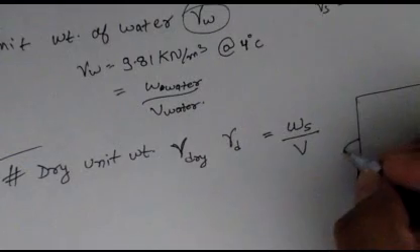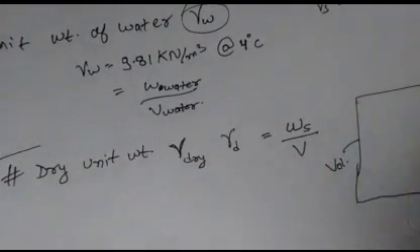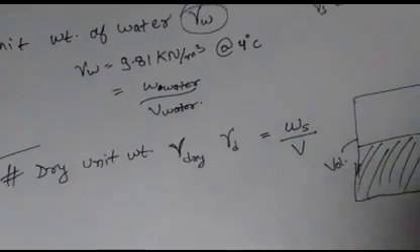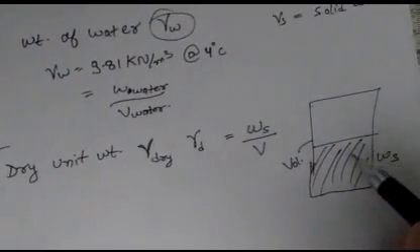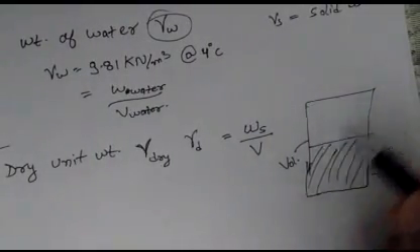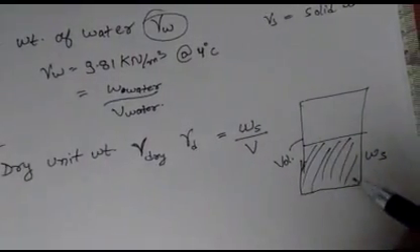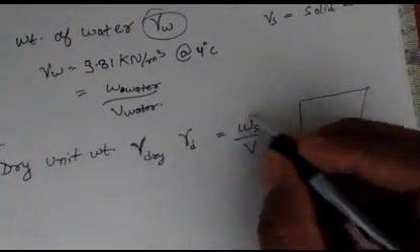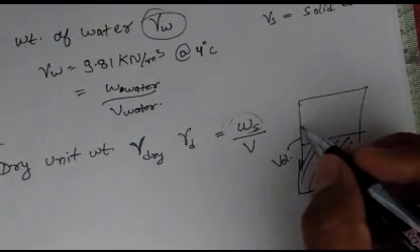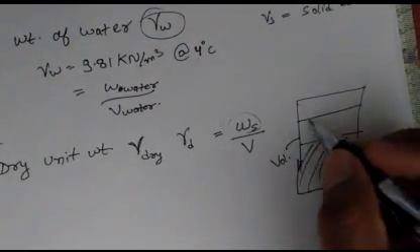This is the total volume. Now suppose I have solids here, this is my weight of solids. It means I have this much of solid particles in this entire volume, so my soil has a certain degree of denseness. But if I increase the Ws, the numerator part, what is going to happen? The voids will escape.